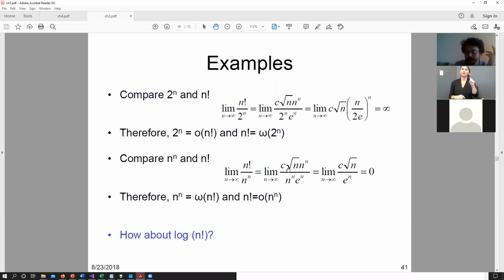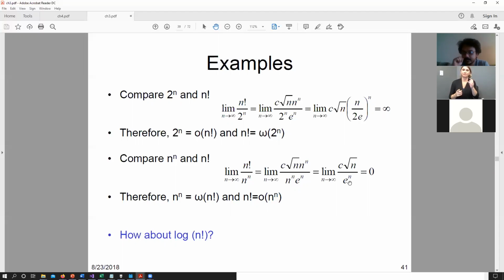We simplify our n factorial using this approximate expression, some constant times square root of n times n to the power of n over e to the power of n, and we have n to the power of n in the denominator. So the numerator becomes c square root n and the denominator becomes e raised to the power of n. We know that e raised to the power of n tends to infinity much faster than square root of n, and so the ratio is going to tend to 0.